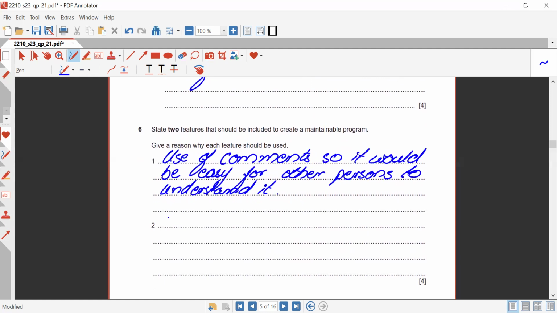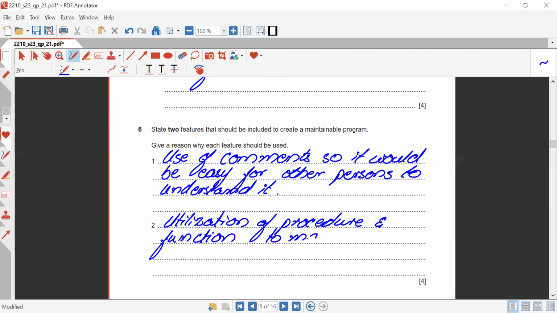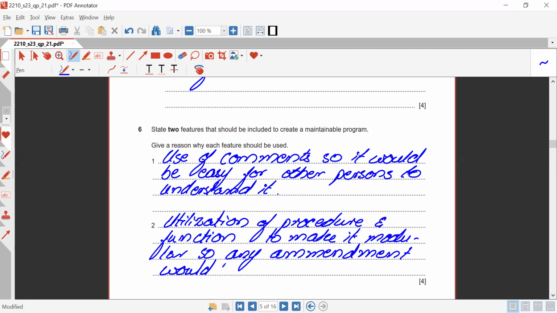The other one is the utilization of procedures and functions to make it modular, so any amendment would be easy. Okay, so this was question number 6.